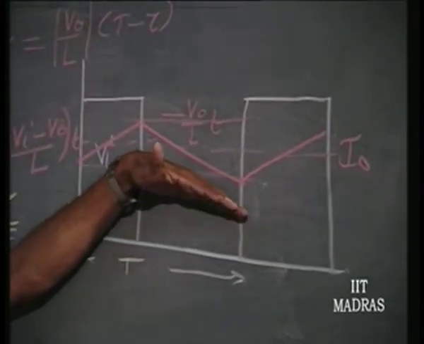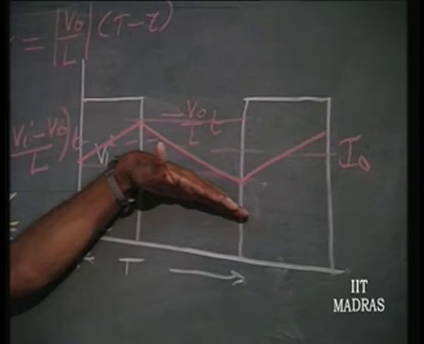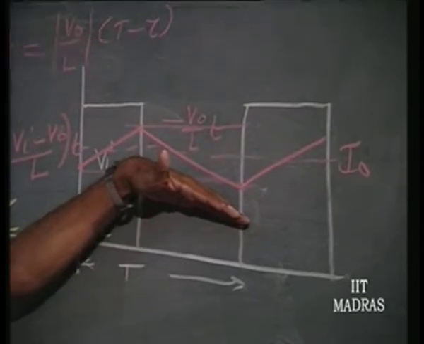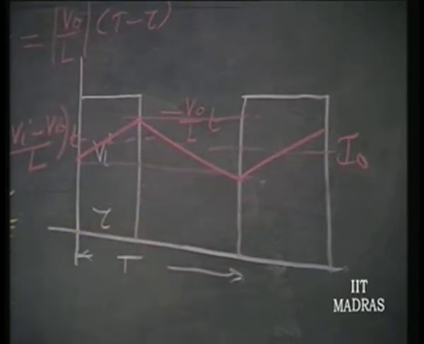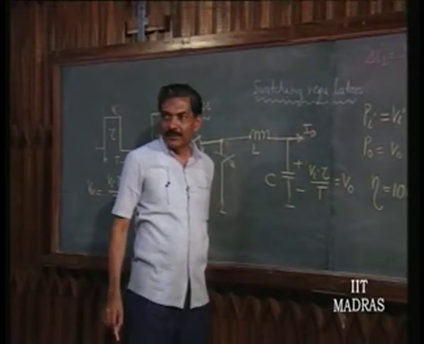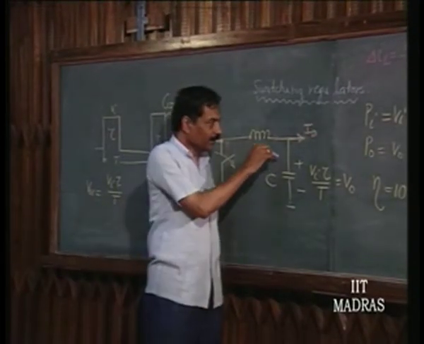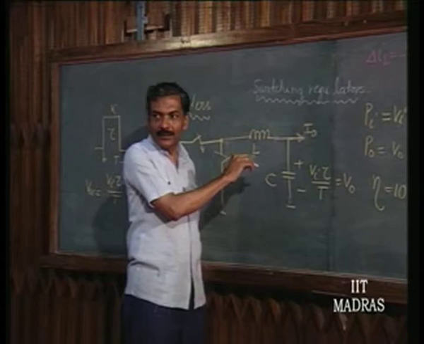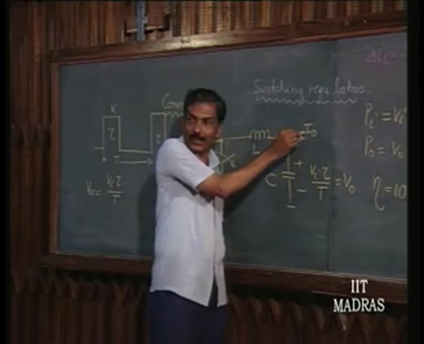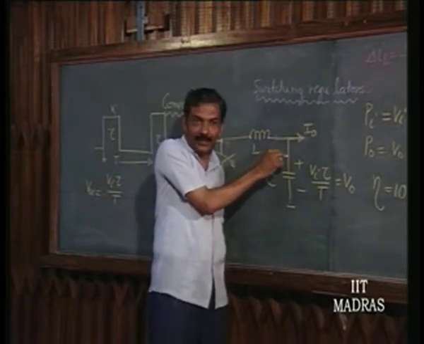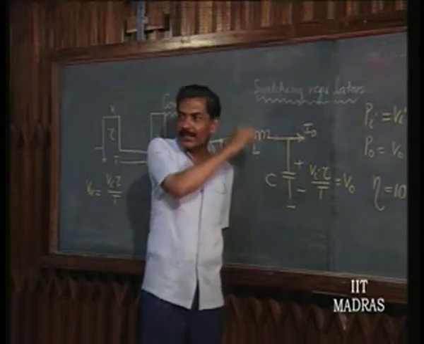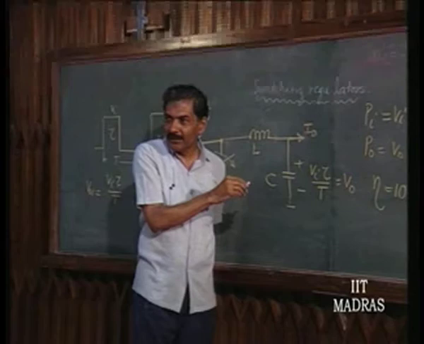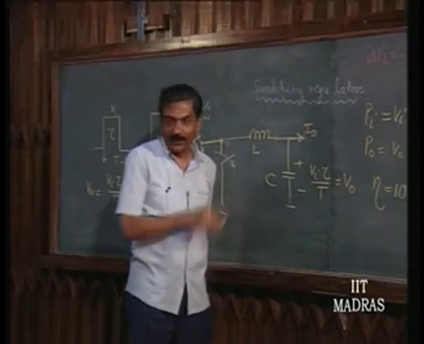So, that is the idea of negative current. It is not negative, current is flowing only in one direction through this. So, current is always flowing this way, right. What happens is it is going to be delivering both the load current and the capacitive current when it is connected to input, and only the load current when it is not connected to the input.